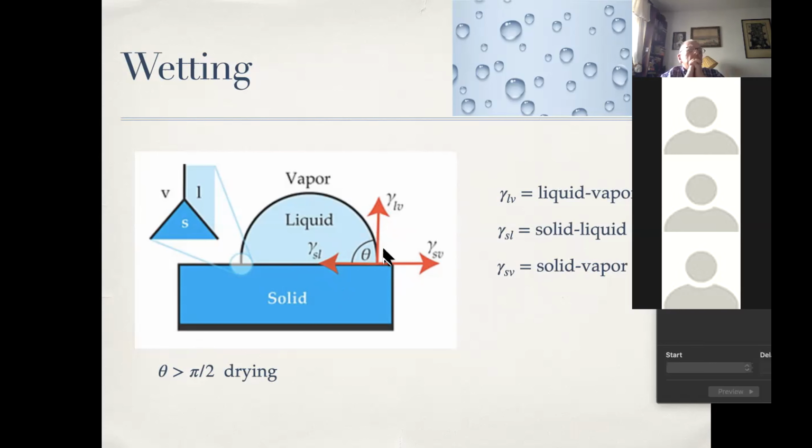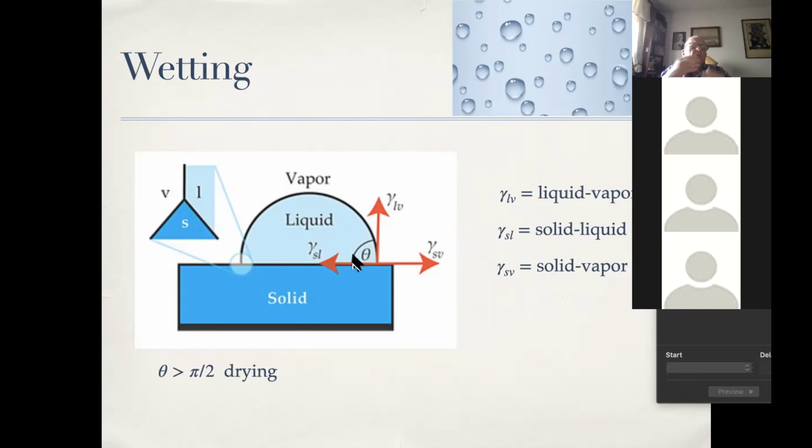When we have a situation like this, that is a situation which is used by the people selling us detergents for washing machines, because they change the surface tension such that the interfacial tension between the liquid with the detergent and the dirt, which is on the surface of our clothing, becomes larger than pi half, and the liquid goes underneath, so to say, a drop of dirt, and the dirt is free and falls off from our clothes.